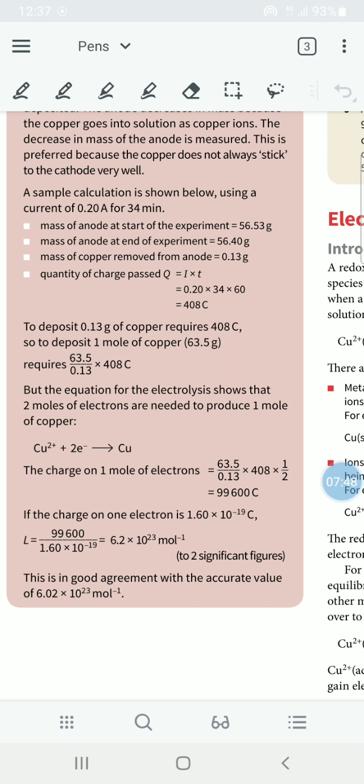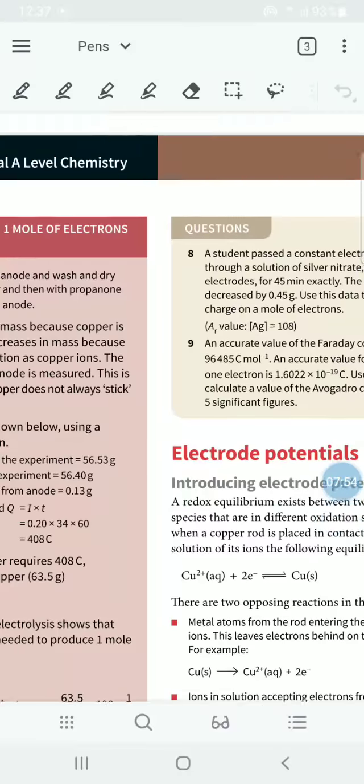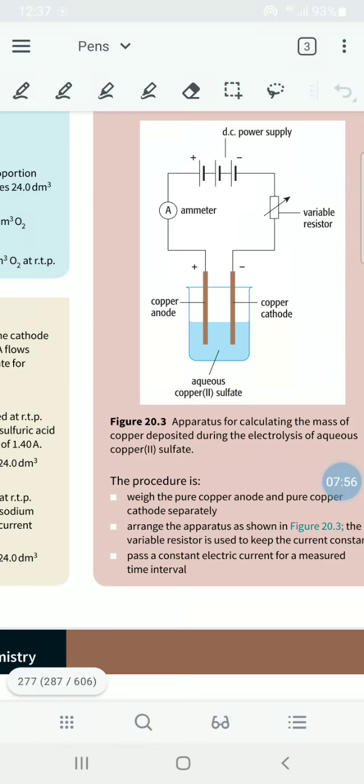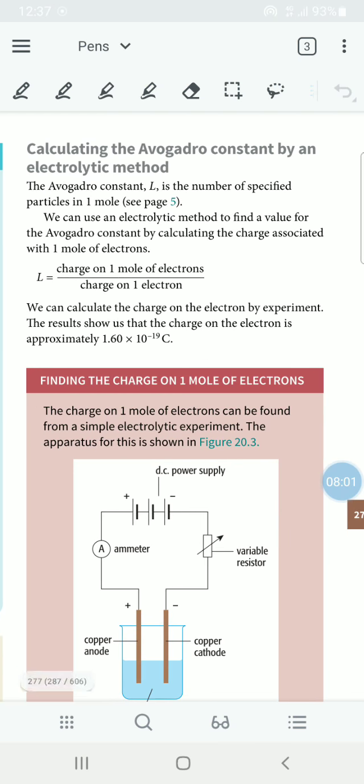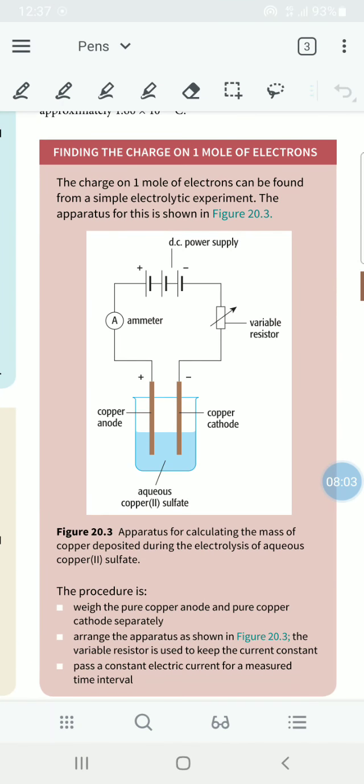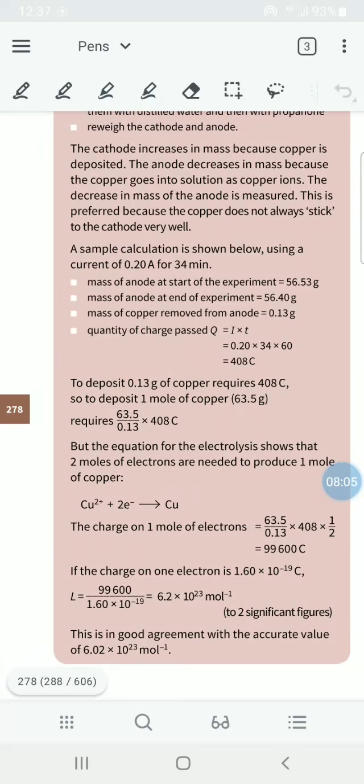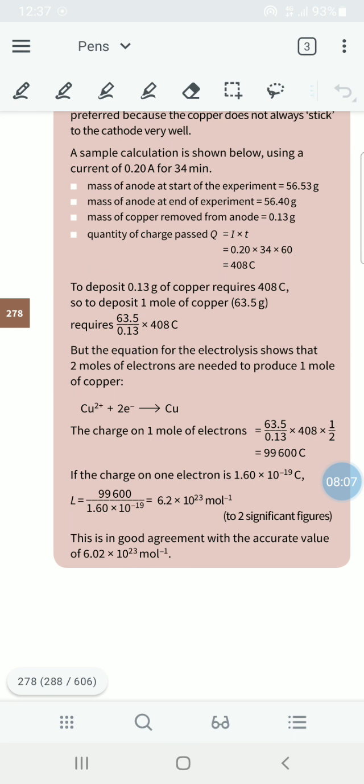But once again, our experiment is to find out L, by using the electron transfer. So here, by the equation, we know that copper would require 2 electrons to produce 1 mole of copper, right?